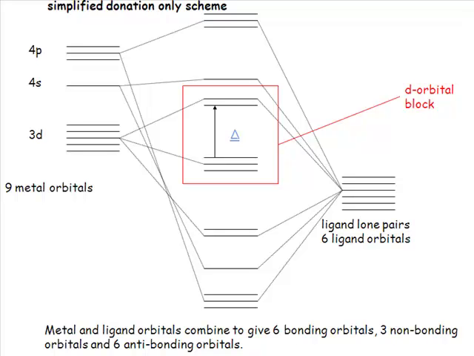So where you have high field ligands and second and third row transition metals, delta is much larger, and so you never see more than 18 electrons. So if you have a strong field ligand, very strong field ligand, you're not likely to see more than 18 electrons, but these orbitals are still non-bonding.